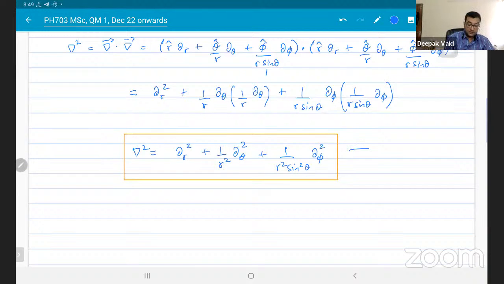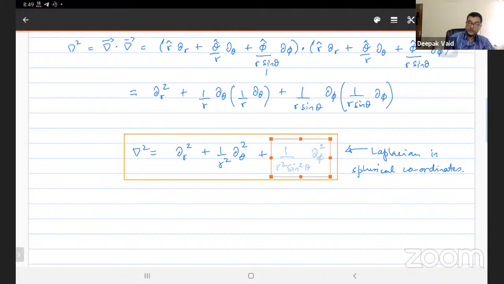And Laplacian in spherical coordinates. Now, what if you're in 2 dimensions and working in polar coordinates? In polar coordinates, what will happen? The phi term will just go away and your Laplacian will just be this, right?